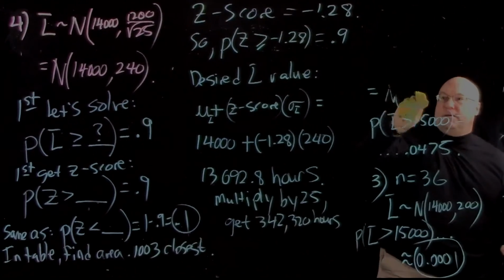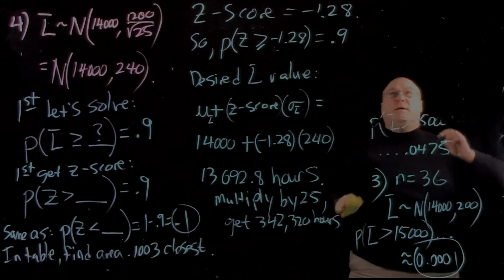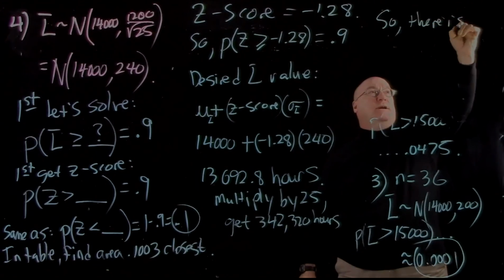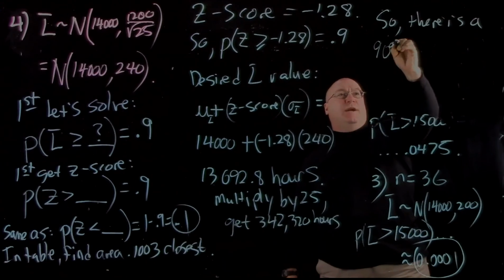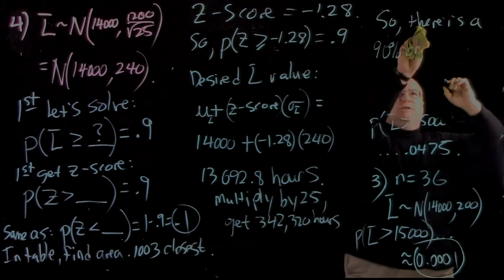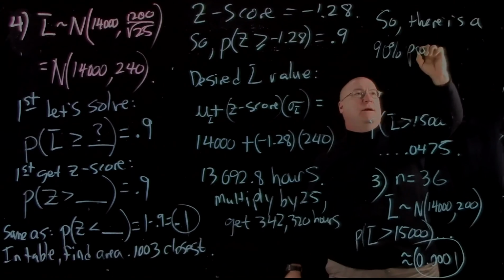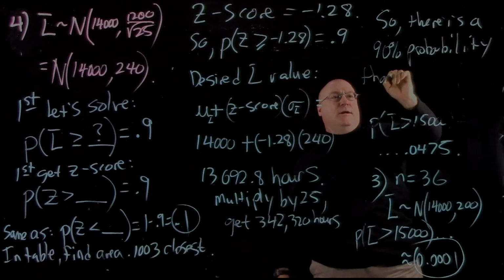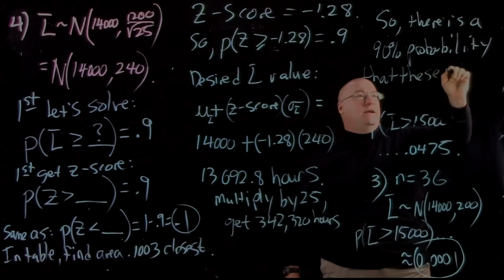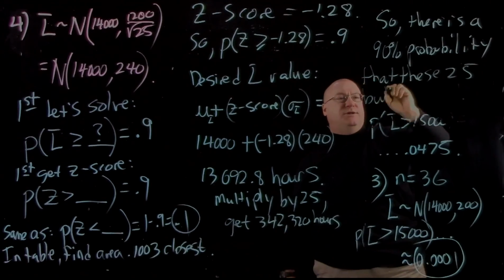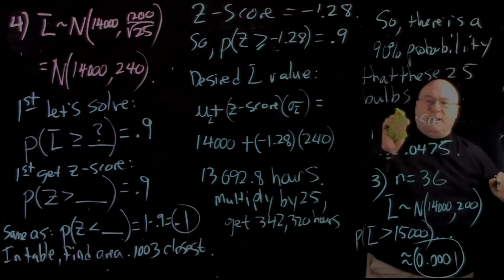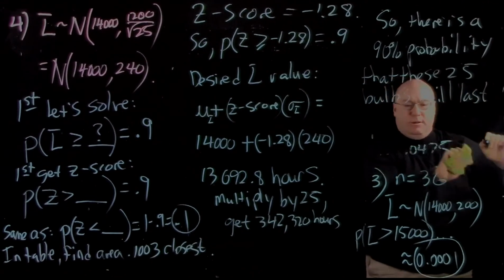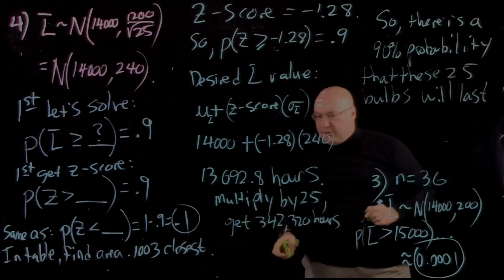All right? So what we can say, finally, is there is a 90% probability that these 25 bulbs used in sequence will last greater than or equal to that much.